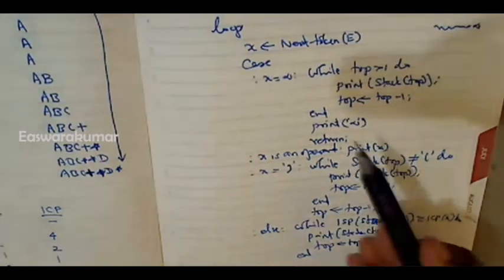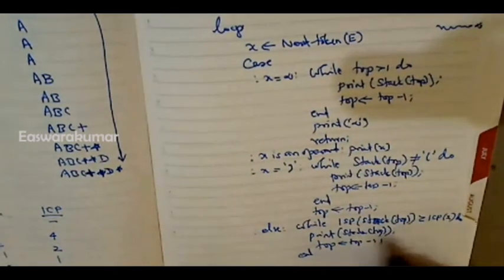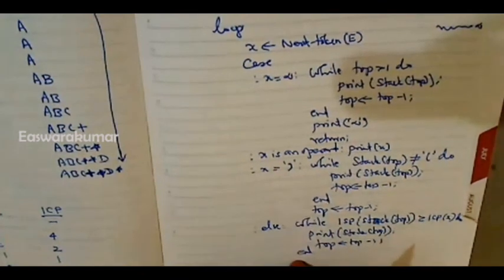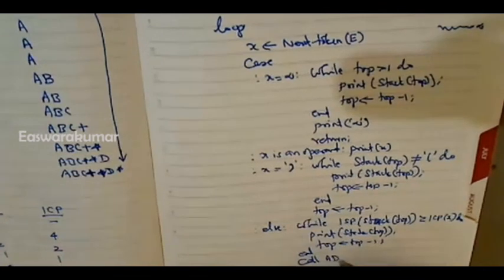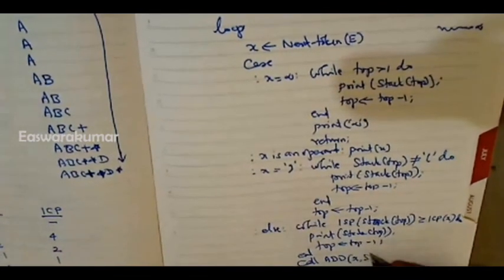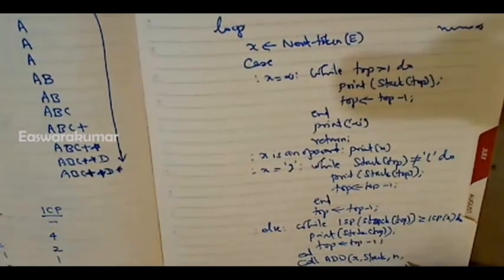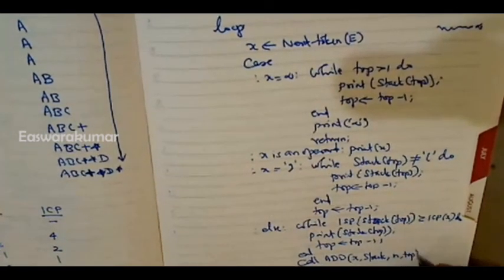Then whatever the incoming thing is, we have to write. Suppose this condition is also not satisfied, straight away the control comes there. Therefore, we are calling the procedure that adds the value to the stack, where operator x is to be inserted, the stack size is n, and the topmost pointer value is top.